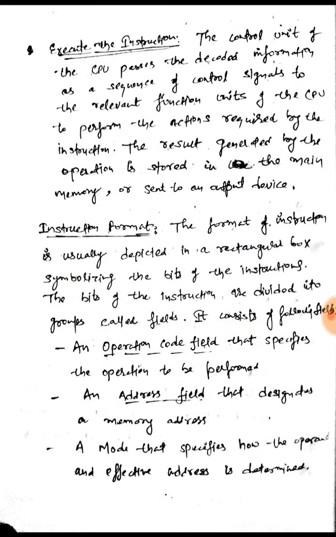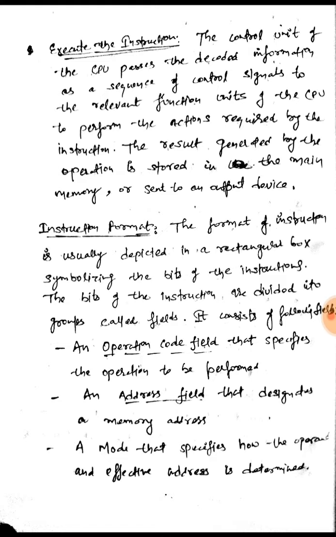So in the machine language, the format of an instruction is usually depicted in a rectangular box symbolizing the bits of the instruction. Every instruction format will consist of several bits, and the number of bits will depend on the operation we are performing and the operand, that is, from where the data is to be fetched.